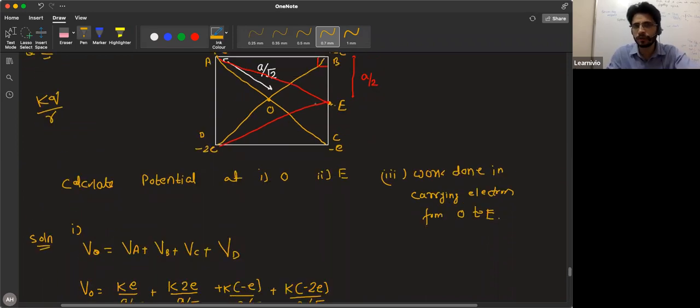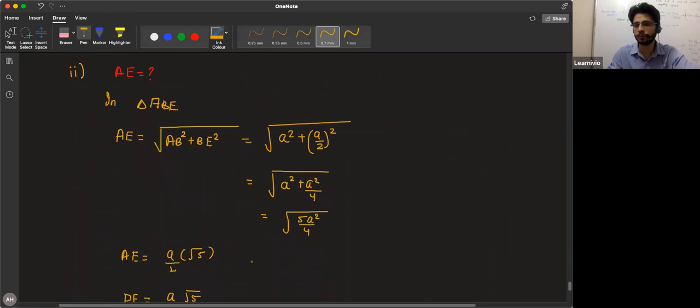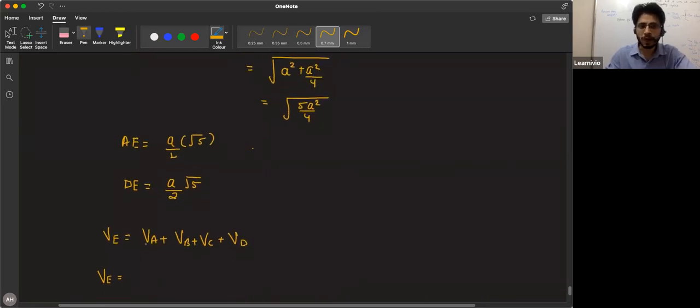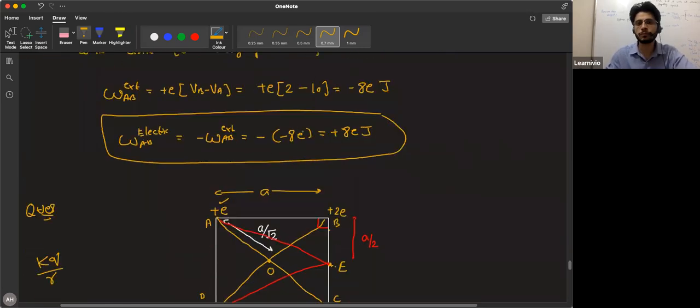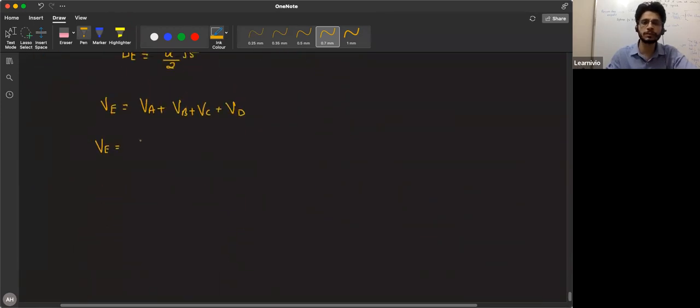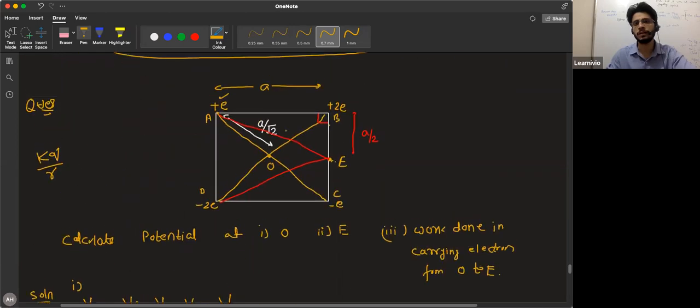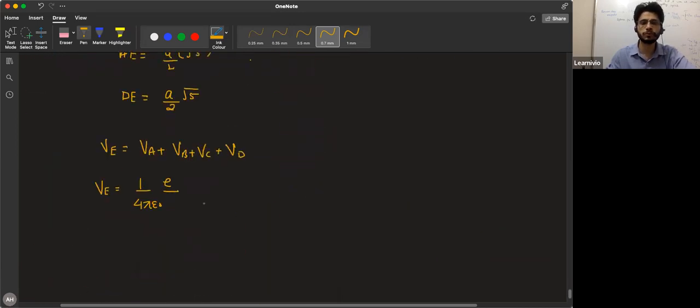We calculate this separation using Pythagoras theorem. AE is A root 5 by 2. So at E, potential due to charge at A will be 1 over 4 pi epsilon naught, charge is E and separation is A by root 2.